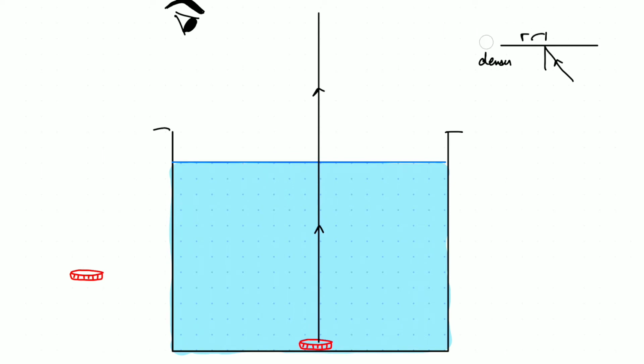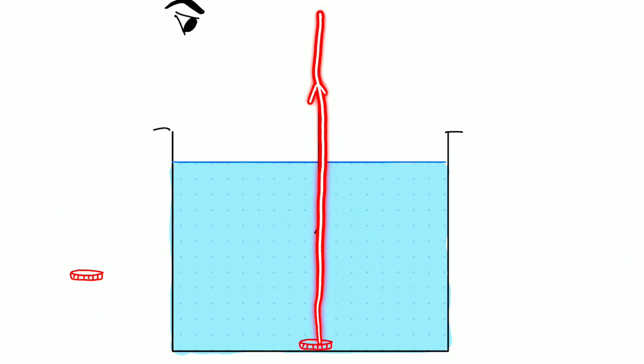Now if your light ray is coming perpendicularly, let's say here it is rarer, here it is denser, and your light ray is along the normal at that particular place, then there will be no deviation, right? Okay, so I have made the light from the coin come out very straight here.